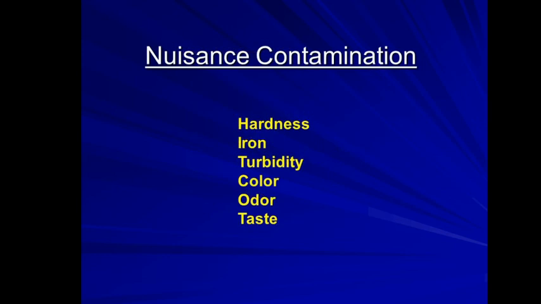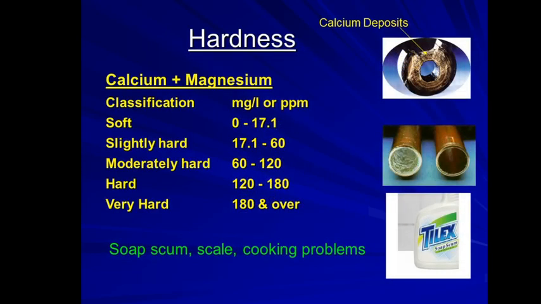Nuisance contamination includes hardness, iron, turbidity, color, odor and taste. Then hardness is due to calcium and magnesium. Okay, so soft hardness 0 to 17, slightly hard 7 to 16, moderately hard 60 to 120, hard 120 to 180, and very hard 180 plus. If hardness is present in water, there is soap scum, then scale and cooking problems.